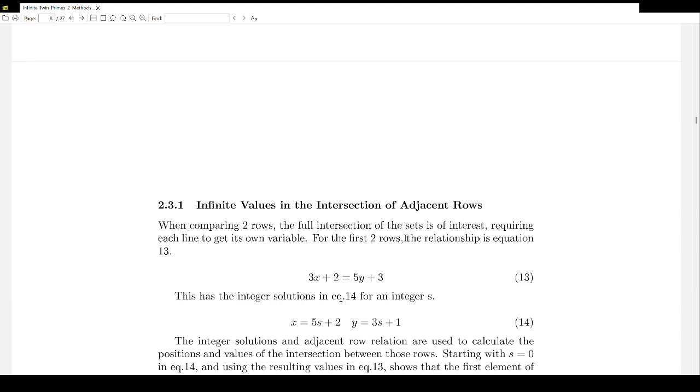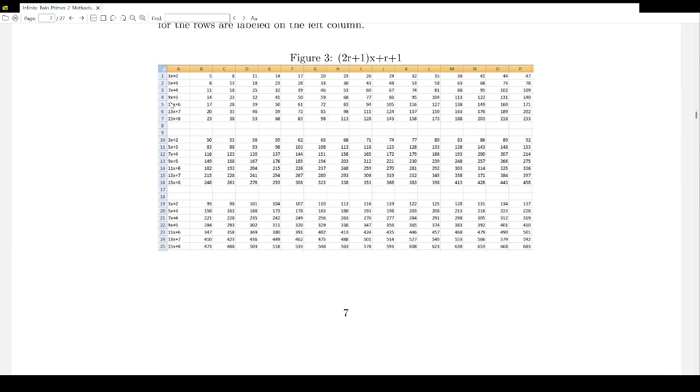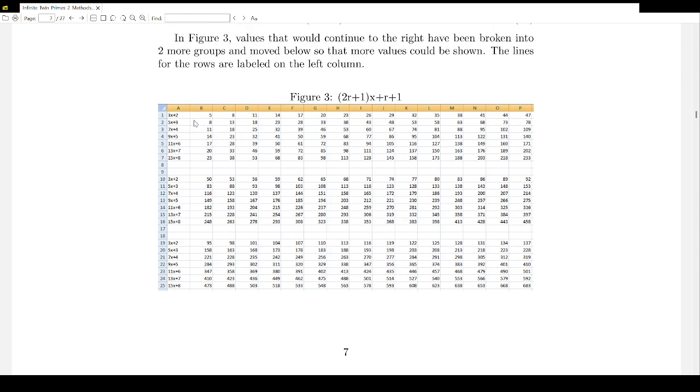When comparing 2 rows, the full intersection of sets is of interest, requiring each line to get its own variable. For the first 2 rows, the relationship is equation 13. What am I saying by that? I mean that the number has to come from this set, this 3x plus 2, and it also has to come from 5x plus 3, but we're not necessarily using the same x here.